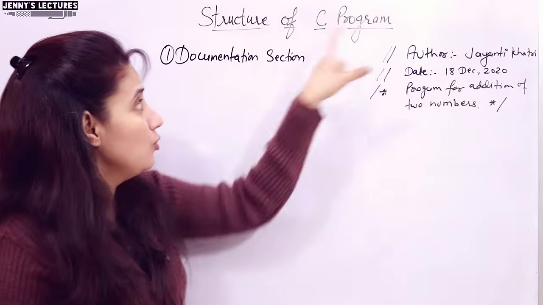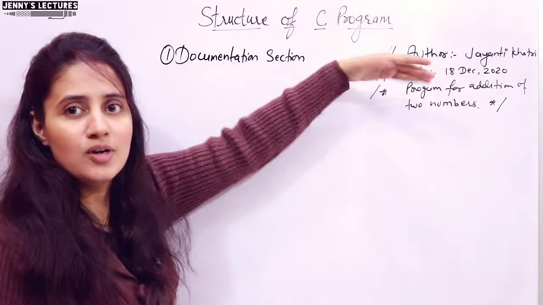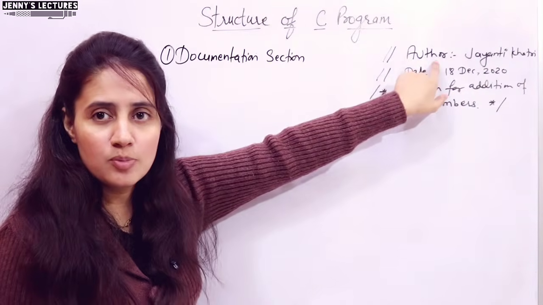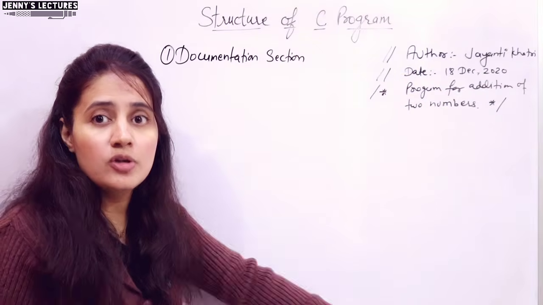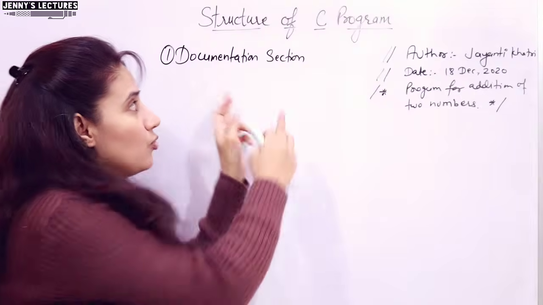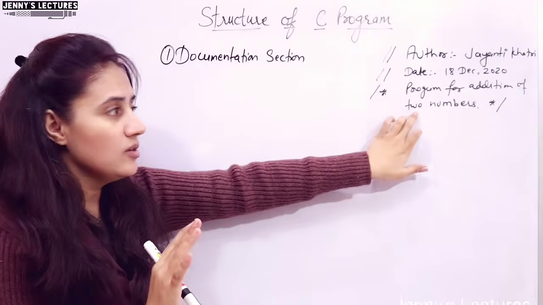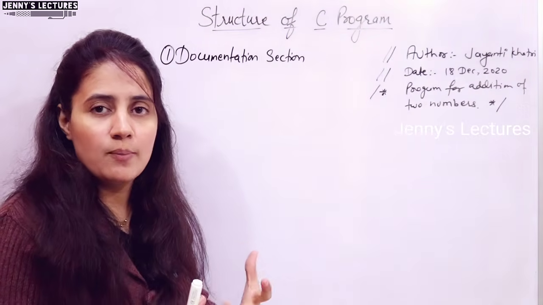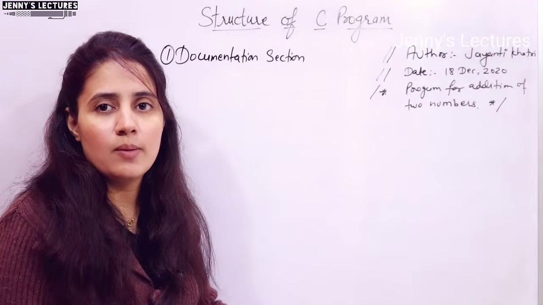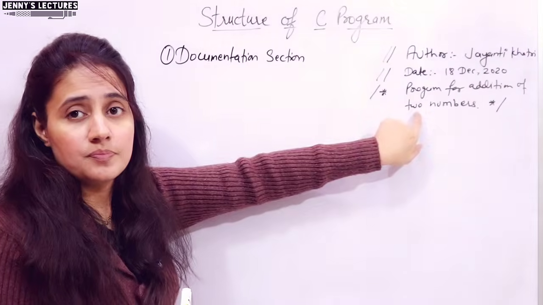But if you look at the documentation section above that program, you can easily understand who has developed the program, the date and time, and what the code is all about, just by looking at the documentation section. So this section is just for the understanding and reading of the program. It is optional.